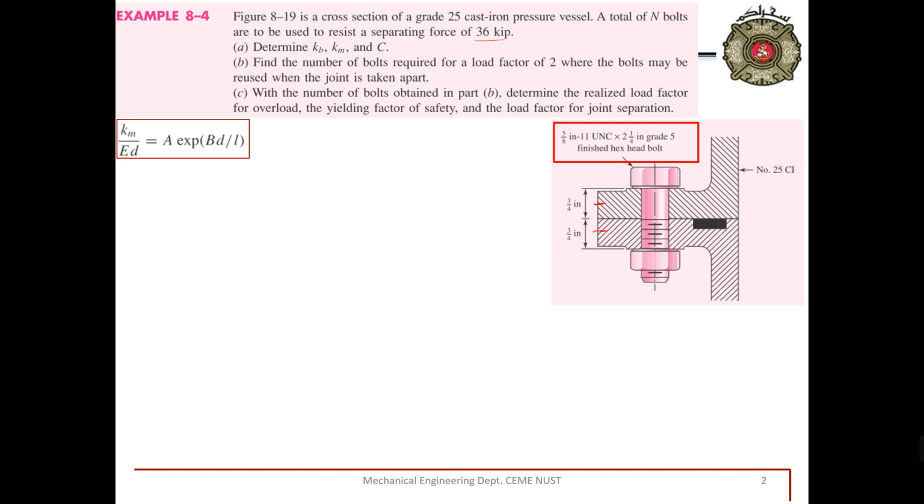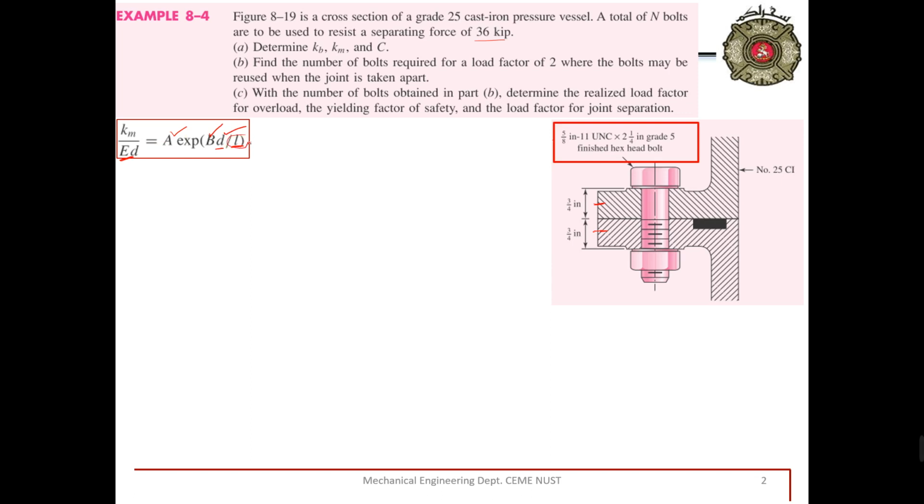You can check the details of table 8-8 for cast iron material. You can check the value of E, the value of B, and the value of A, but we don't know L, and these two are to be calculated. D is this 5/8 inch bolt, so we have the value of D as well. So the only unknown for us is L.